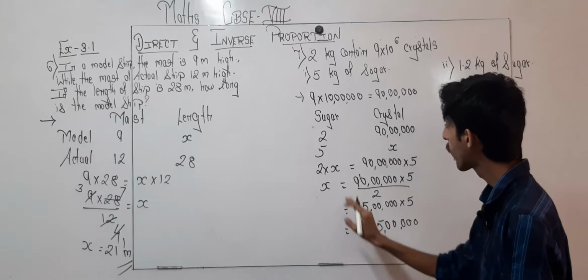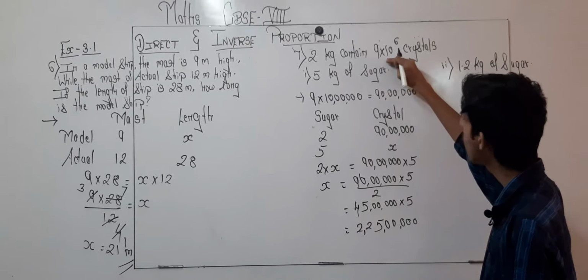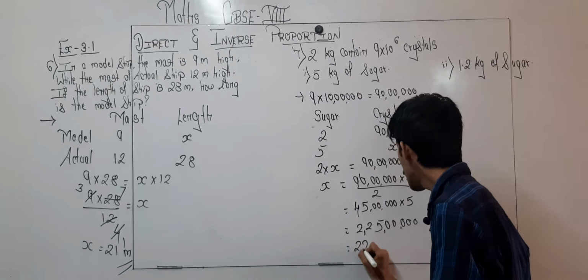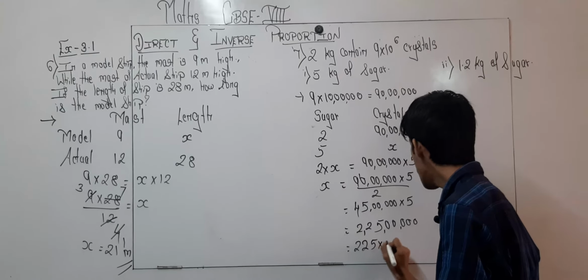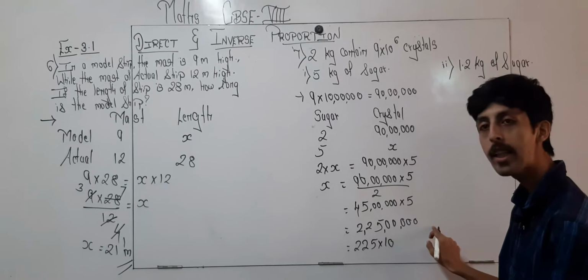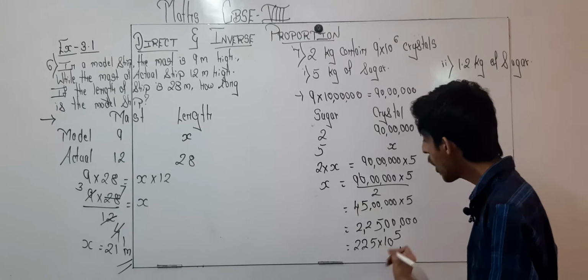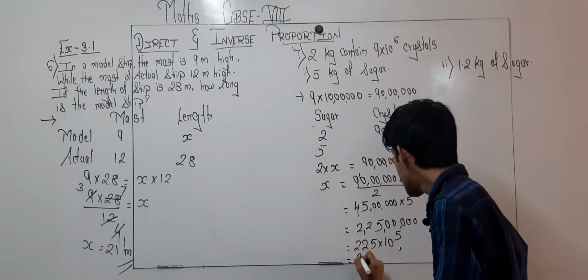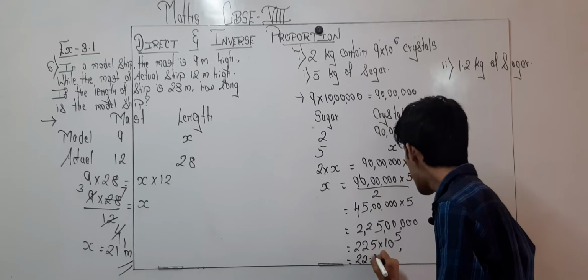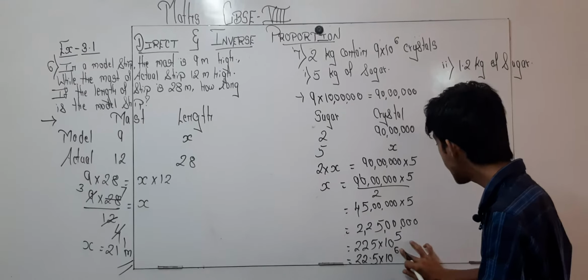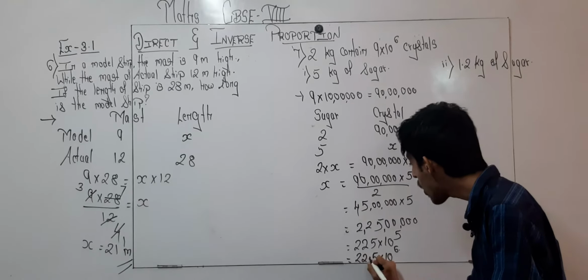Now I can convert this in the form of this also. How is it? I can write like this also: 225 multiplied by 10 raised to, how many zeros are there? 5 zeros are there. So 10 raised to 5. You can also convert it as 22.5 into 10 raised to 6. See, when I am writing 6 over here, I am putting the point over here.